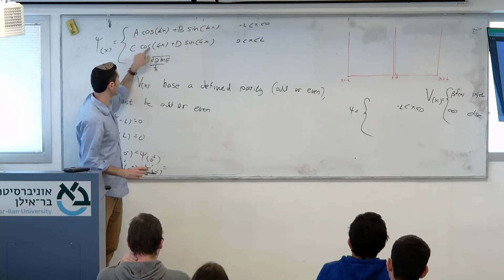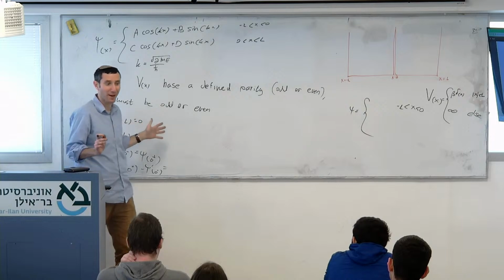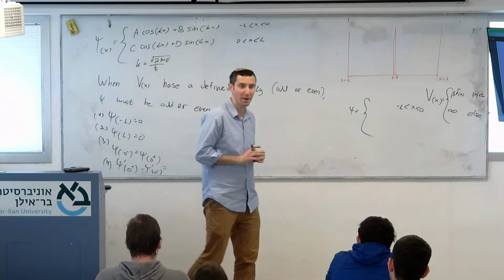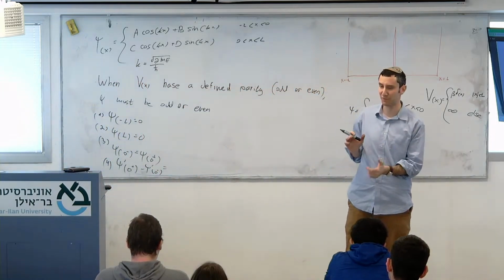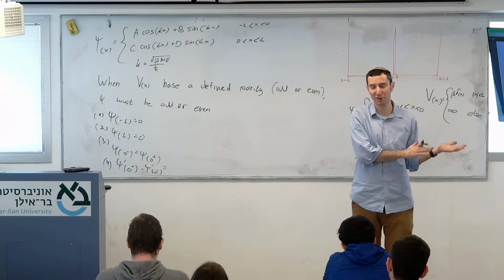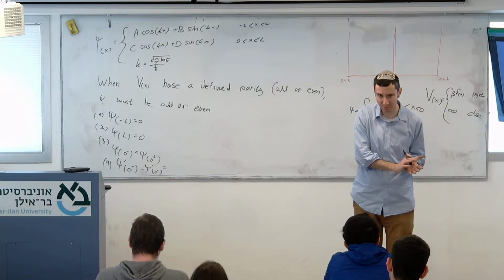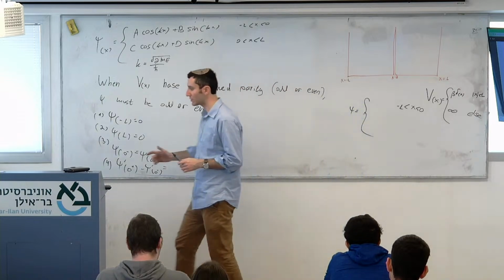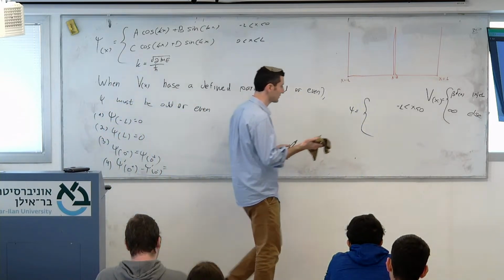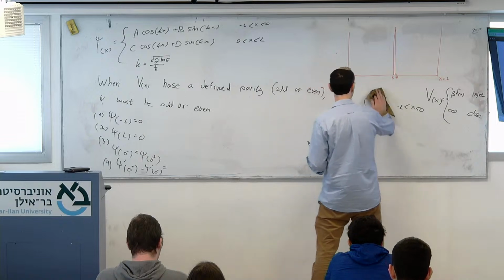Right? It's possible to do that. It doesn't hurt. So it'll be easier if I treat the function as even, or if I treat the function as odd. It's going to save me from some hard work.